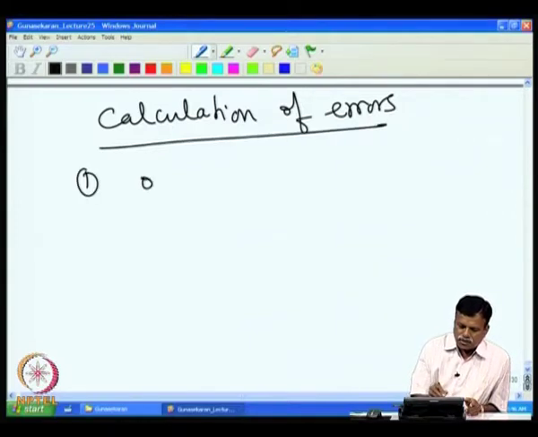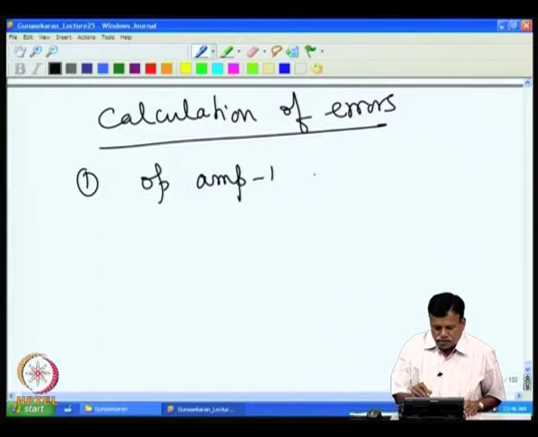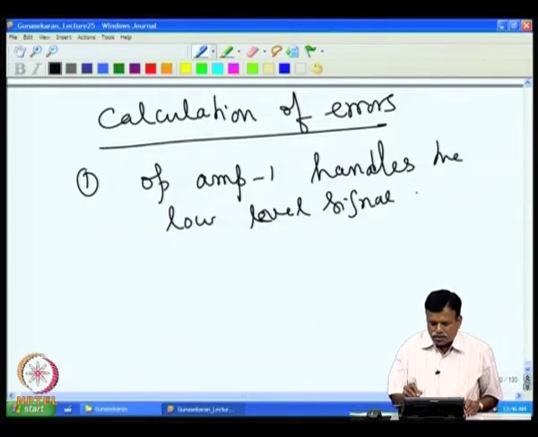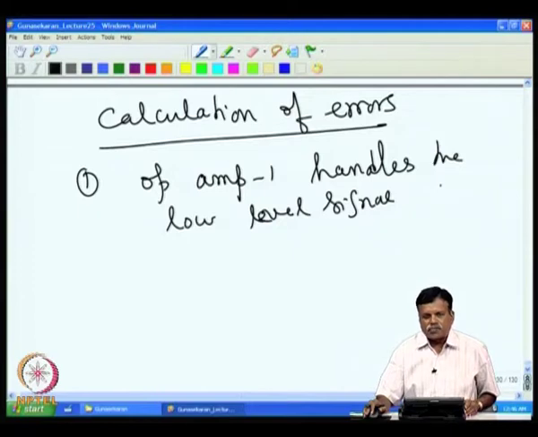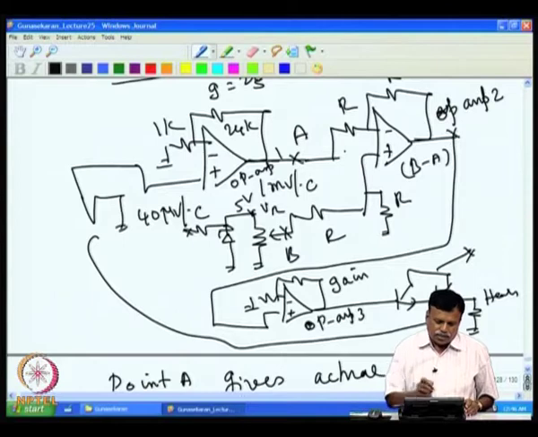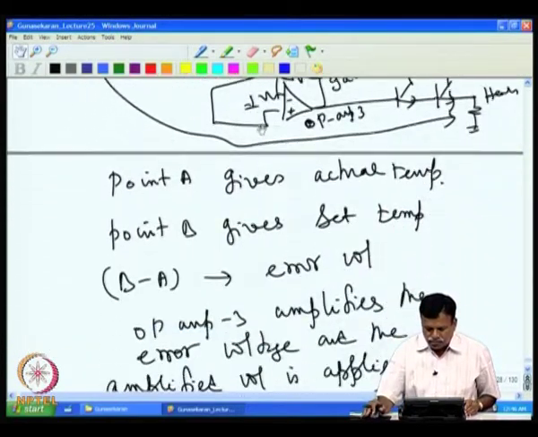The operational amplifier 1 handles the lowest voltage, the low level signal. So, the offset voltage drift of this op amp is very important, because op amp 1 sees the lowest voltage.